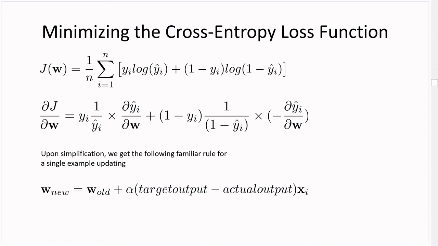So if you were to minimize the cross entropy loss function, let's take del J by del W. If you carry out the derivatives following basic calculus, you will find that upon some simplification, we end up with a rule which tells us that the updated or new weight value will be W old plus alpha times target output minus actual output times xi. Again, this is a formula that we have seen earlier, so a pretty familiar formula.